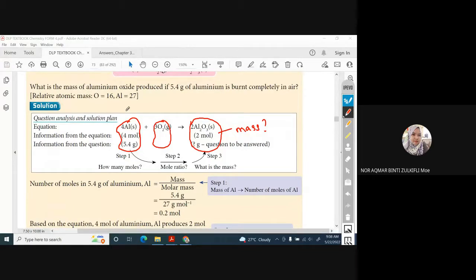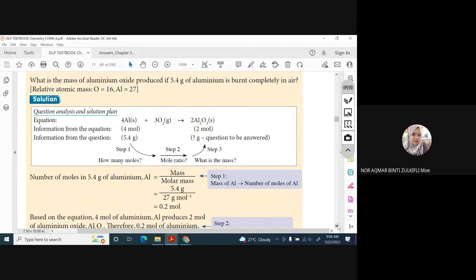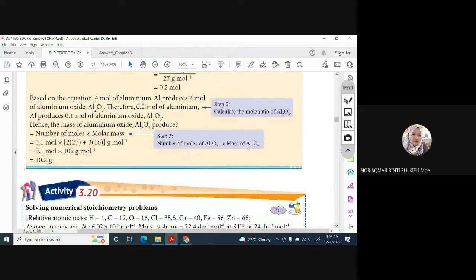So kita ada mole Al. Tadi kita dah settle mole Al. So mole Al, how we want to communicate with Al2O3 ni. Sebab kita nak cari mass Al2O3. Okay. So we need to compare. So kita compare. Okay.